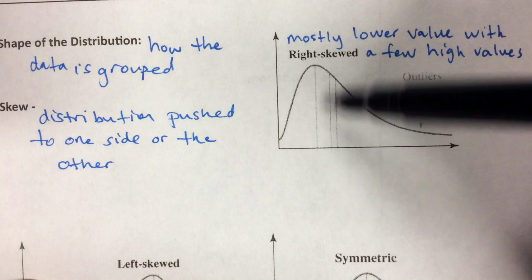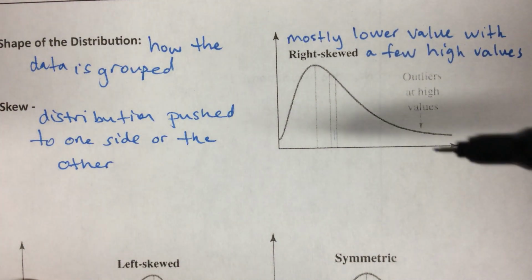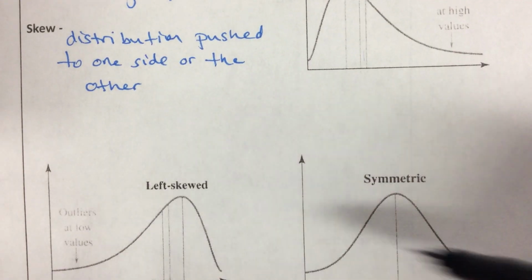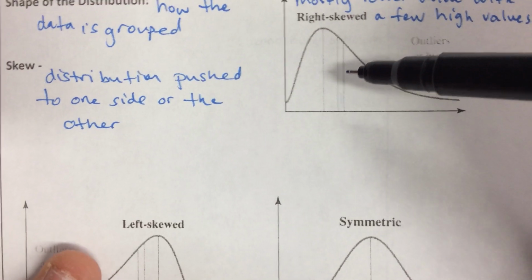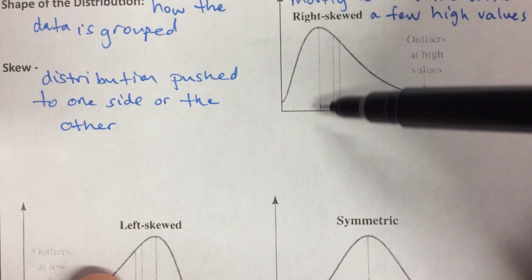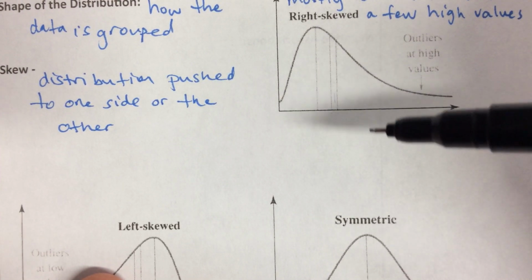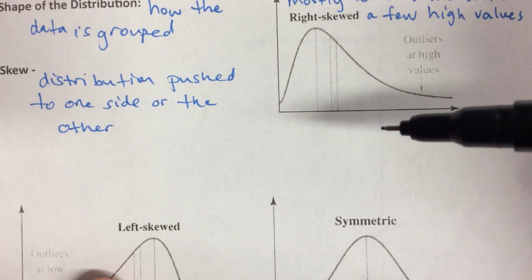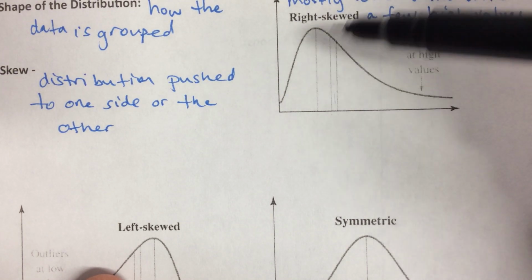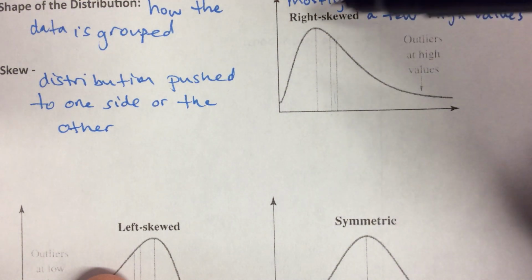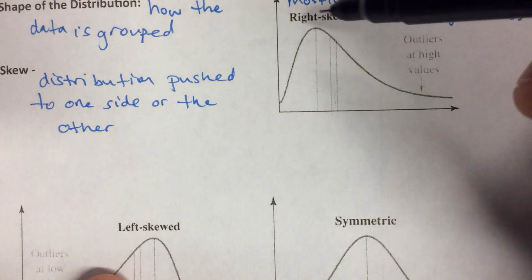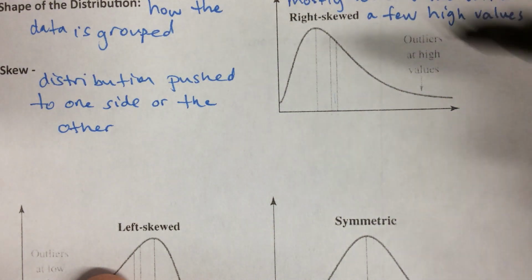So there's a lot of low values and just a few high values. Now, in the middle here, there are three lines. Okay, there's actually three lines in the rest of these. These represent the mean, median, and mode. So they might ask you, like, is the mean greater or less than the median? Well, here's how you can tell. So draw three lines on the hill going down towards the tail.